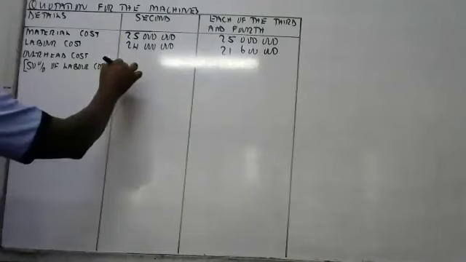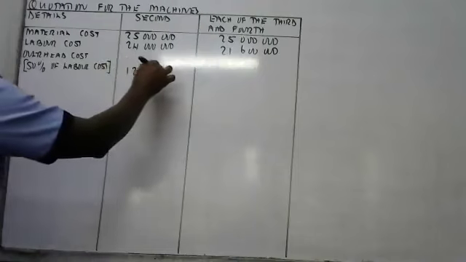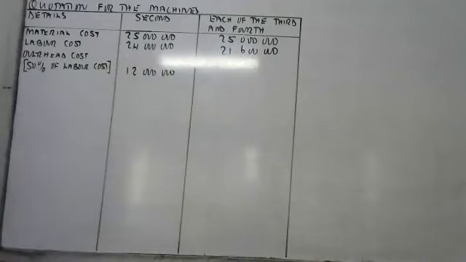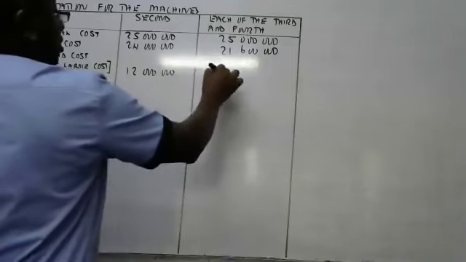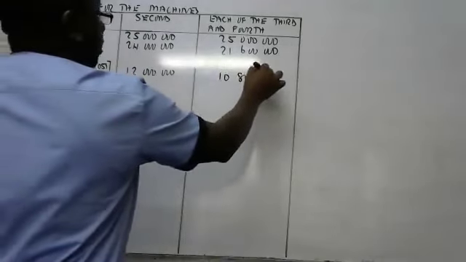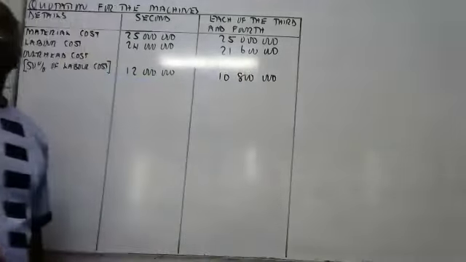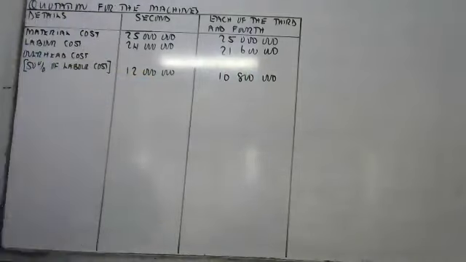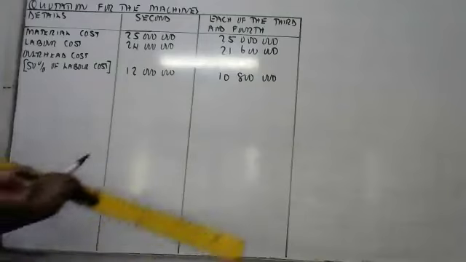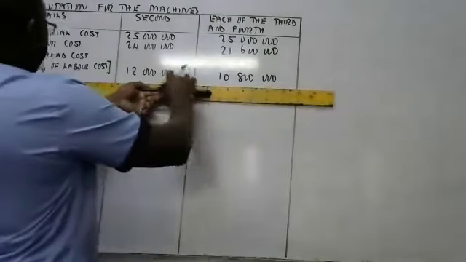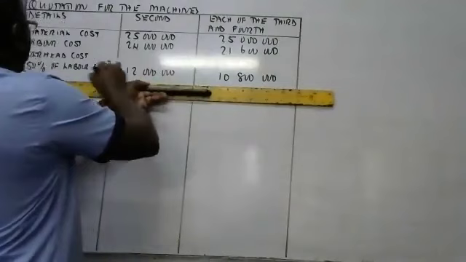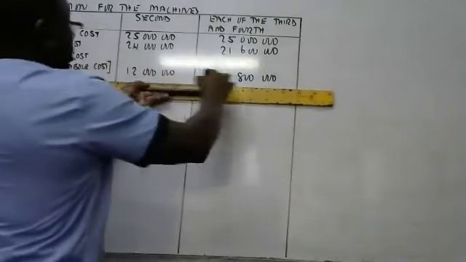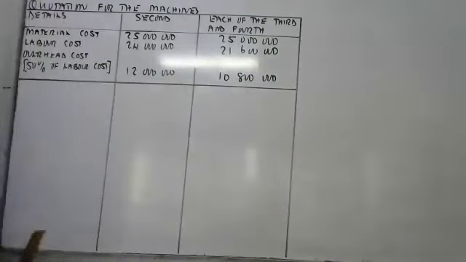So then here it must be 12 million, and this other one is 10 million 800. So with that, you get a figure we call total costs.